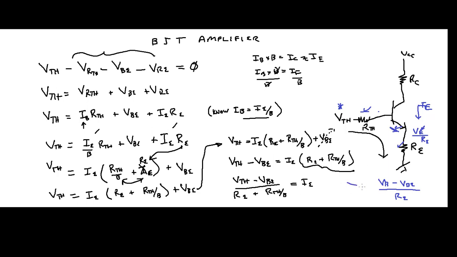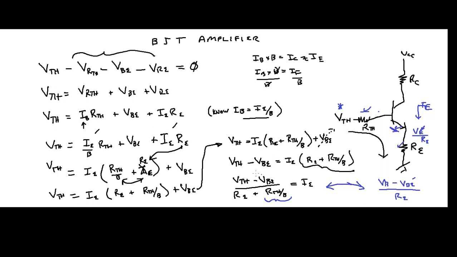If you compare both of these equations, they're very similar, aren't they? VB is the same as VTH, right? It's the same value, okay? VBE, we have a VBE here, we have RE, but notice that term right there. That is missing, isn't it?